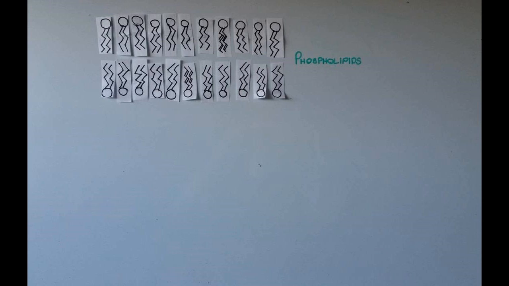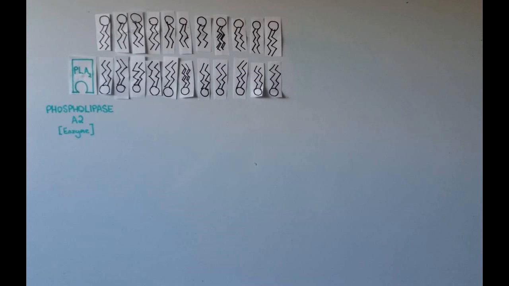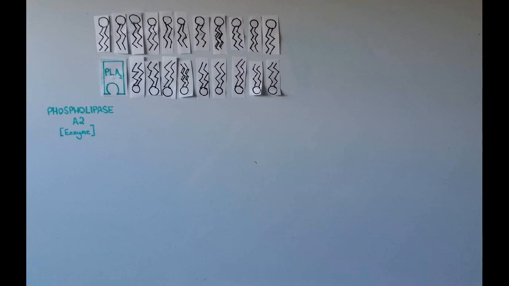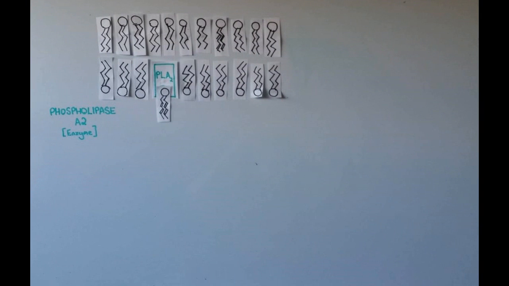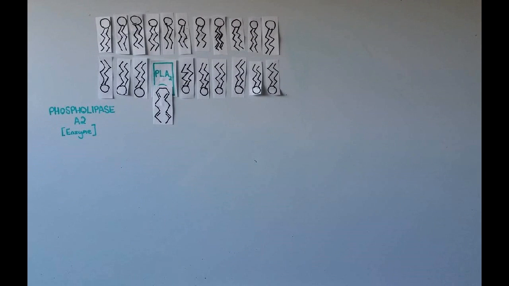The story begins at the cell membrane, which is comprised of a variety of phospholipids. Phospholipase A2 are a group of enzymes activated by a variety of pro-inflammatory cell signaling factors. These are mostly bound in the fluid-like cell membrane and must make their way to select phospholipids to create their product, arachidonic acid.